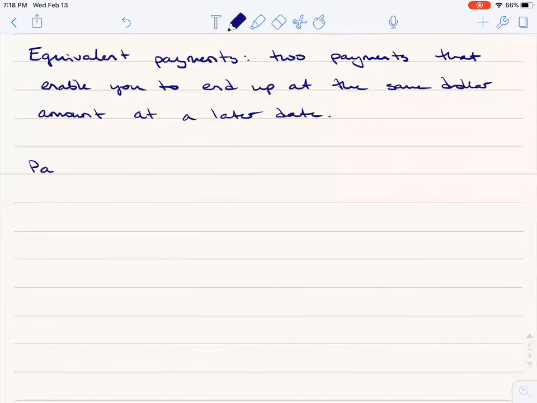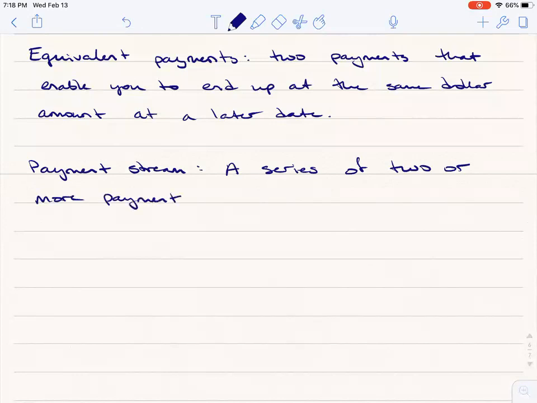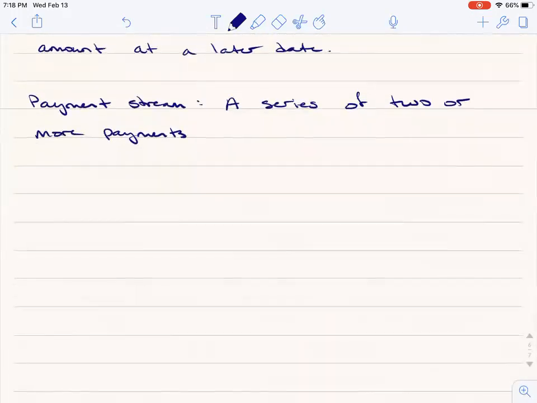So a payment stream is a series of two or more payments required by a single transaction or contract.